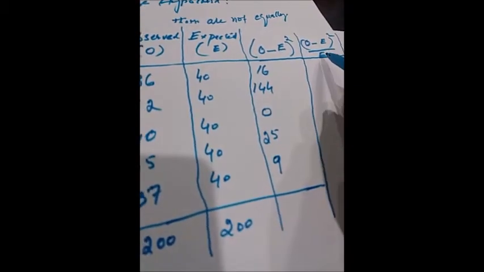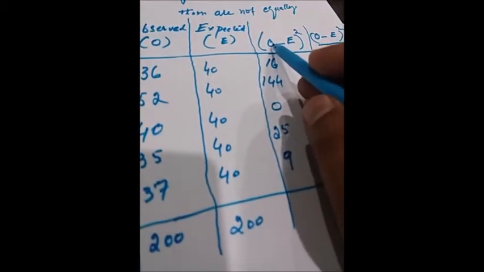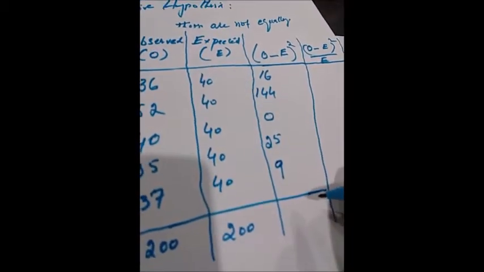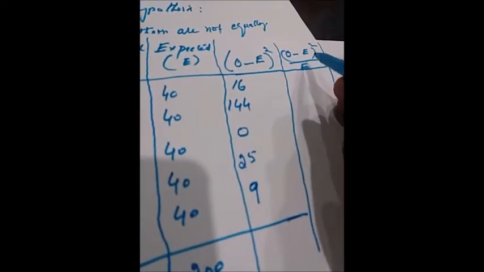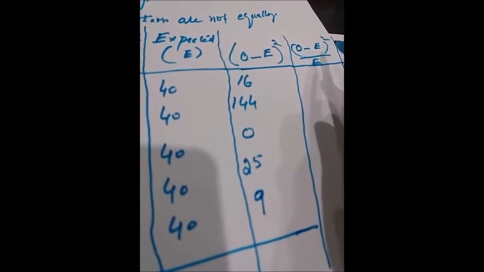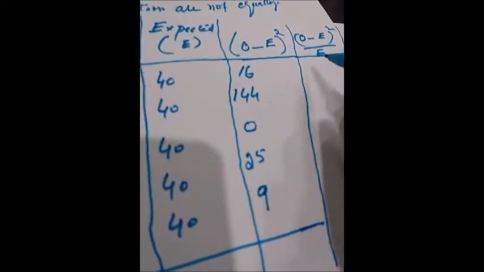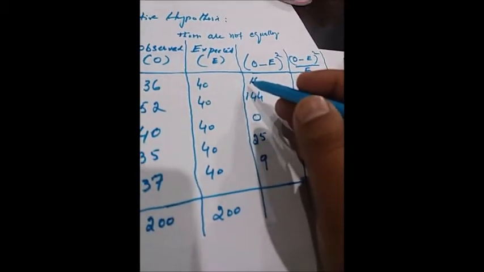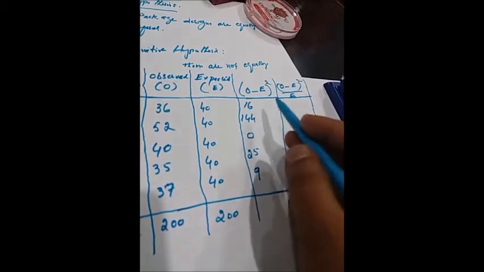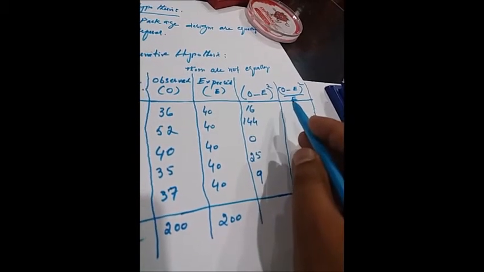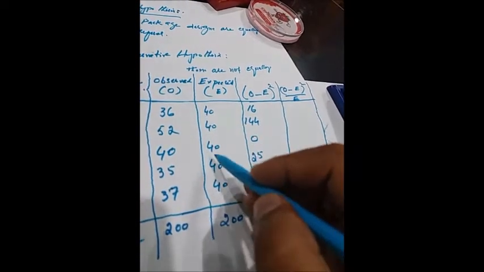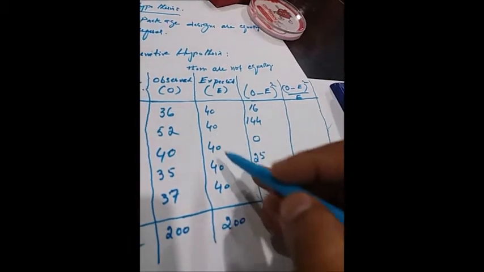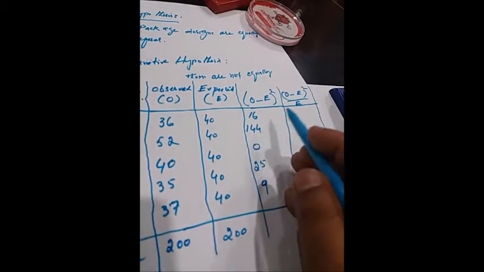We obtained O minus E whole square in this column, and in the second column we have to obtain O minus E whole square divided by E. Expected values are 40 for all the categories.